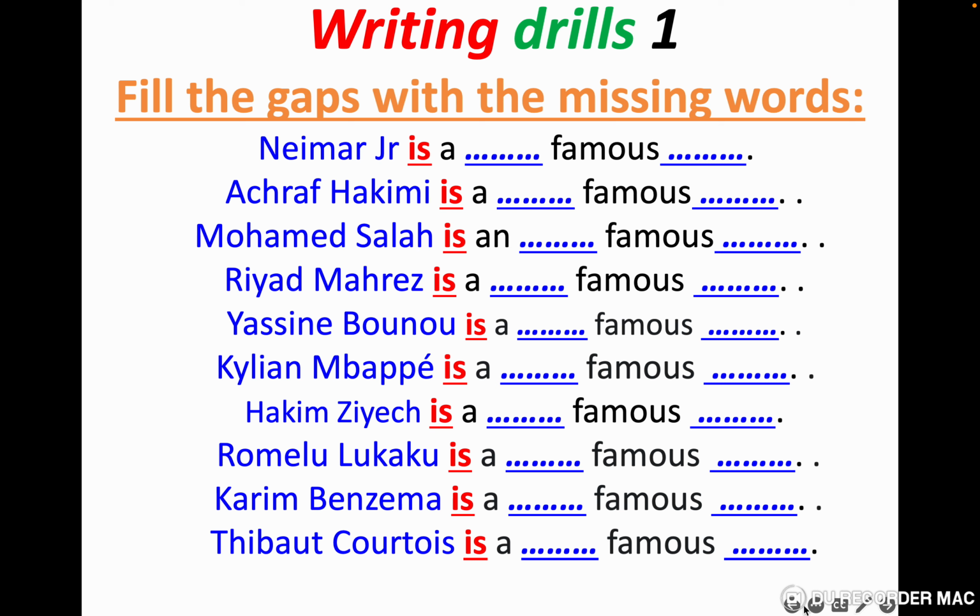Hakim Ziyech is a famous. Romelu Lukaku is a famous. Karim Benzema is a famous. And Thibaut Courtois is a famous. So you need to write their nationality and their jobs. Let's go to the next slide.